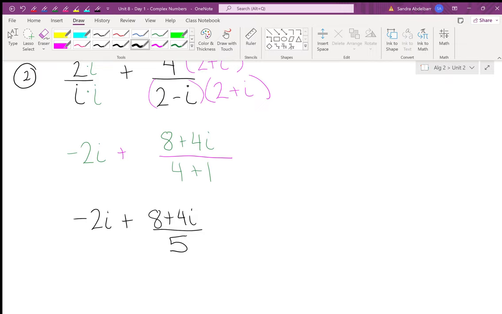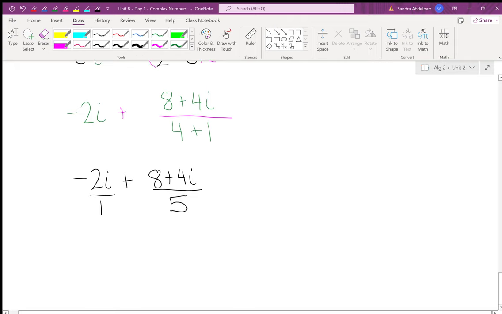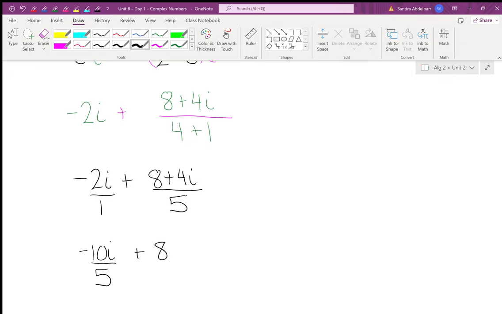So I have negative 2i plus 8 plus 4i over 5. In order to add these, what must I create? A common denominator. So now I'm going to create a common denominator of 5. So I'm going to have 5 in the denominator and negative 10i in the numerator, plus 8 plus 4i over 5. Can I now add? Yes.